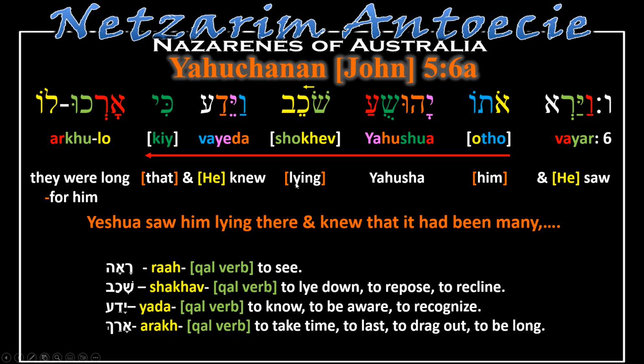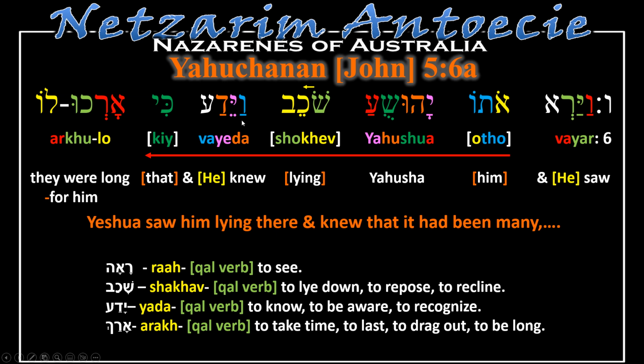Shokhev, lying. Why is it lying? It looks like a participle because of the cholam, which usually represents a participle. If we look down here, ra'ah is a kal verb, to see. That was the first one. And then we're looking at shakhav, which is a kal verb, to lie down, to repose, to recline.